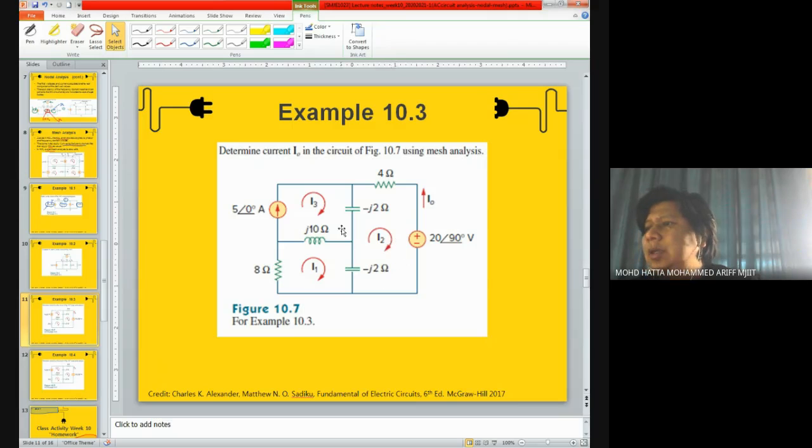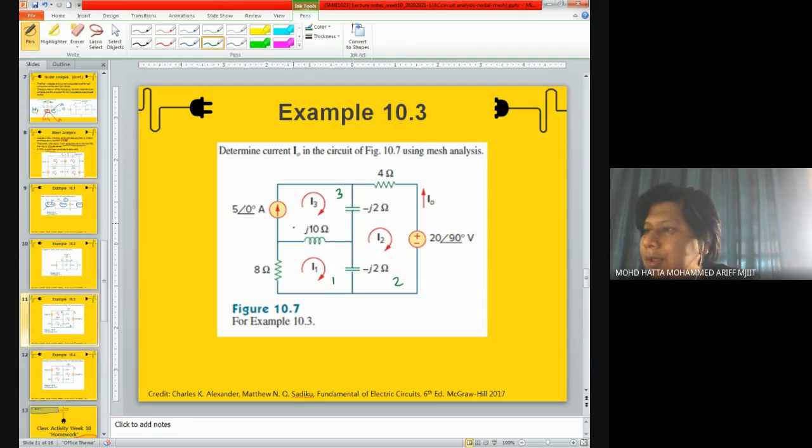And the third mesh is encircling the 5 with the angle of 0 degrees ampere current source. So we have three meshes over here: mesh number 1, mesh number 2, and mesh number 3.